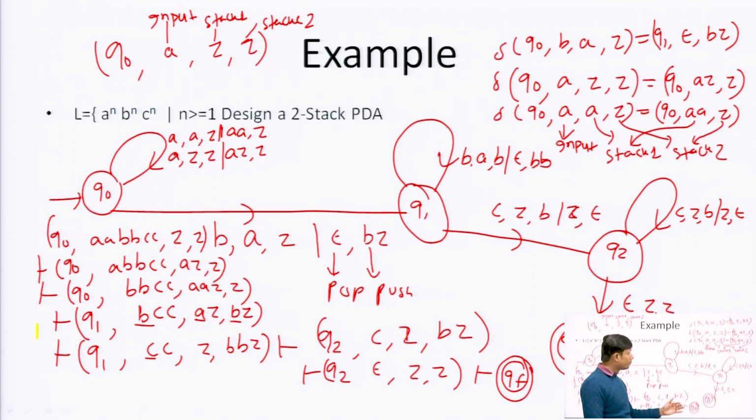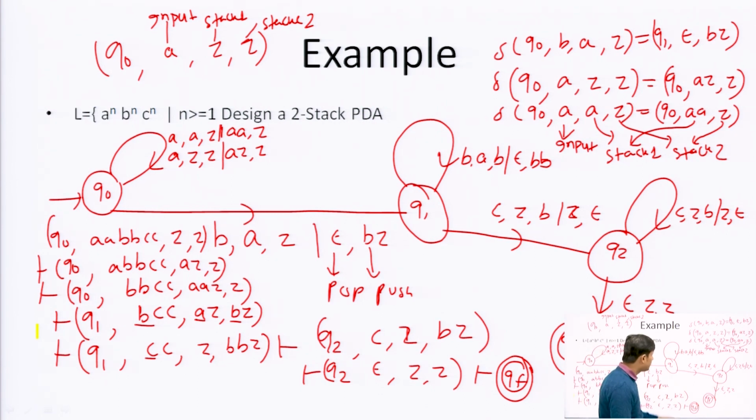Now in Q1 again you get input B, stack 1 top is A and stack 2 top is B, so what you have to do is pop A from stack 1 and push B into stack 2, like that. In the Q1 state itself, stack 1 will be empty.